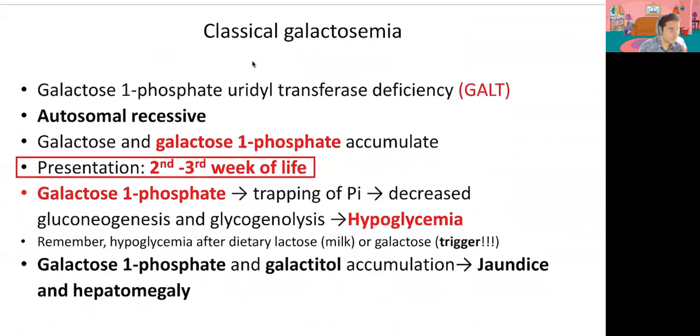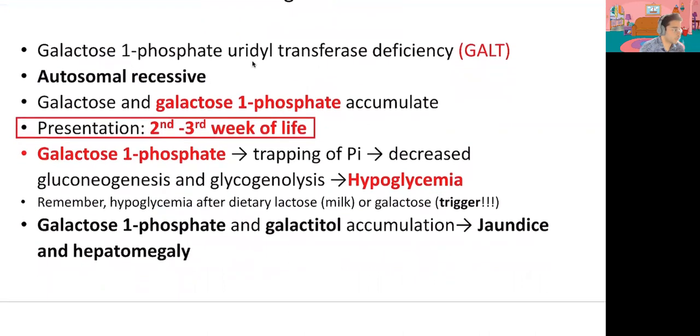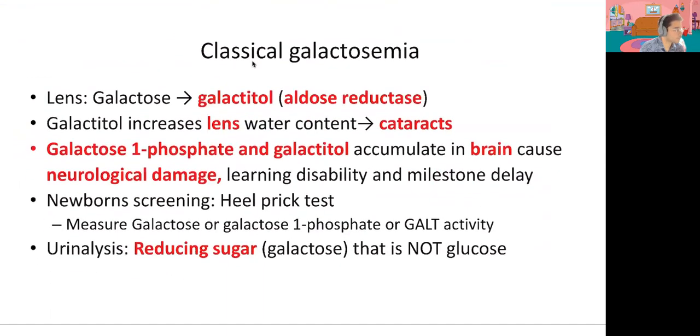Whereas classic galactosemia is going to present with something a little more systemic. It's autosomal recessive, keep that in mind. They like to ask those type 1 questions. Galactose 1-phosphate accumulates as well as galactose, and that leads to presentation with hypoglycemia. Typically the baby will come in after the mom started breastfeeding right away, a quick trigger, and the baby's going to have classic presentations of milk intolerance.